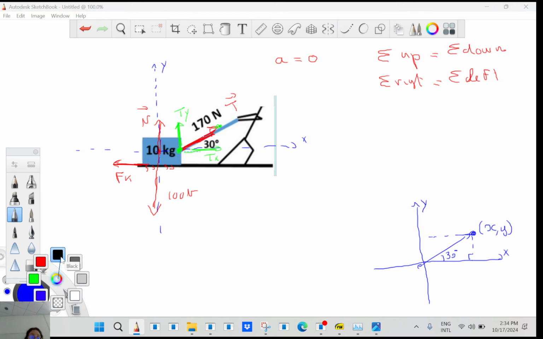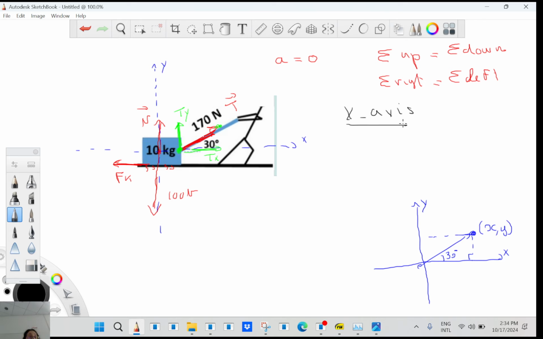Okay, so now we can work. So now I want to find the kinetic friction. Both axes are independent from each other. They mind their own business. They don't care about each other. So along the horizontal, what is the one to the right? T_x, very good.